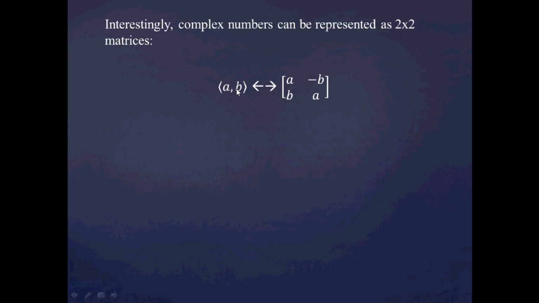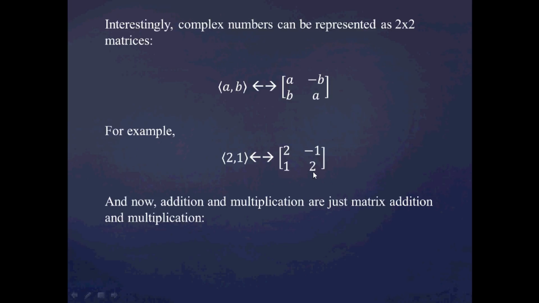Instead of writing (a, b), what I do is I stick that first component in the diagonal entries of a 2x2 matrix, and then I stick the second component in the 2,1 position, in the second row, first column position. And then for that final entry, in the first row, second column position, I put negative b. For example, the complex number (2, 1) would be represented as the matrix [[2, -1], [1, 2]].